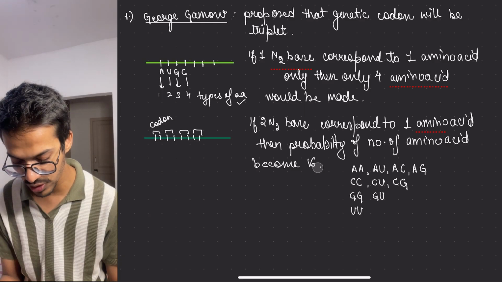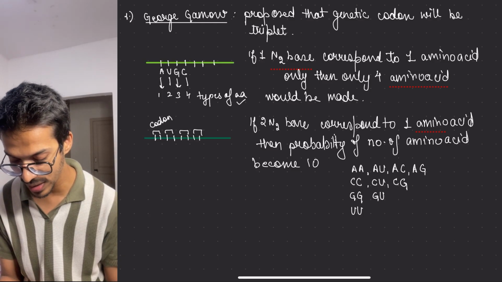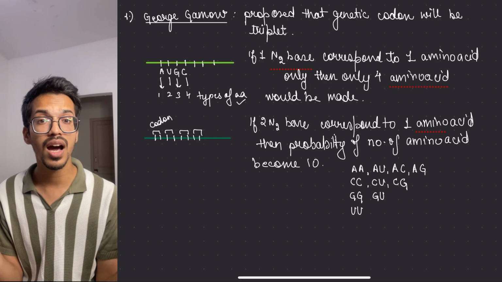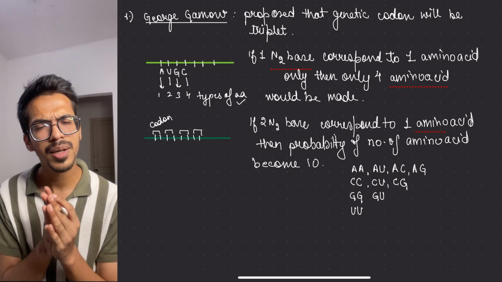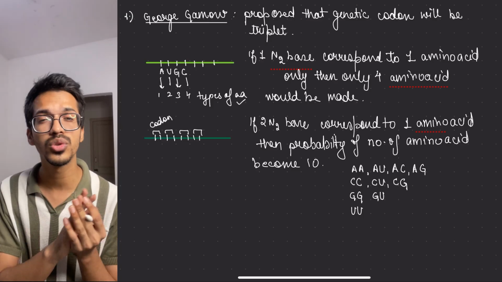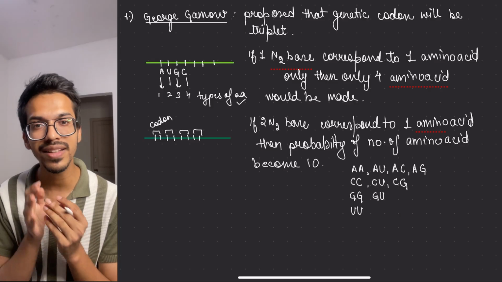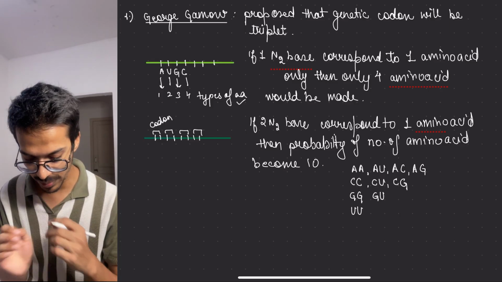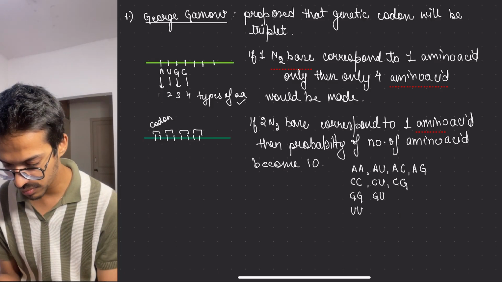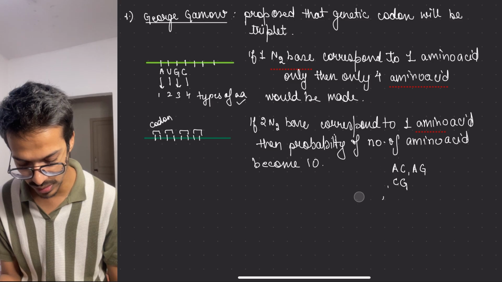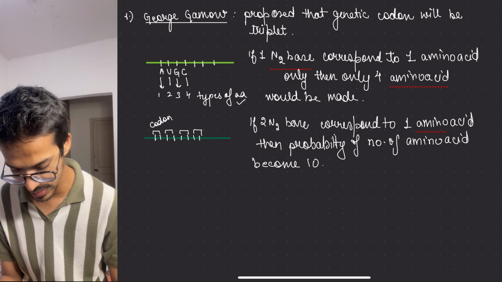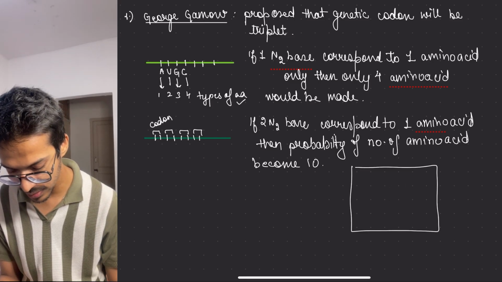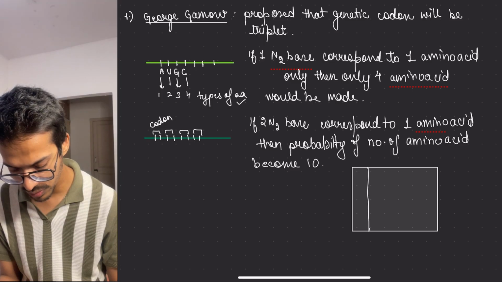But how many amino acids are present? Amino acids are 20. This also doesn't make sense. What makes sense? You can put it in a Punnett square also. This is really tough if you're not able to understand. The simple thing is that, of course, it will be 16 only.